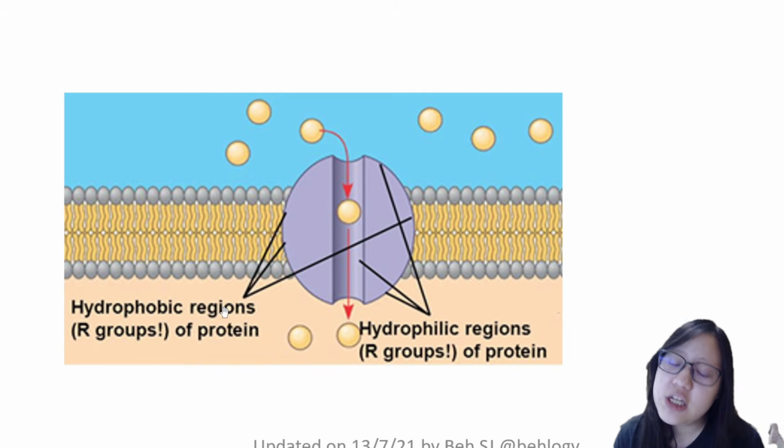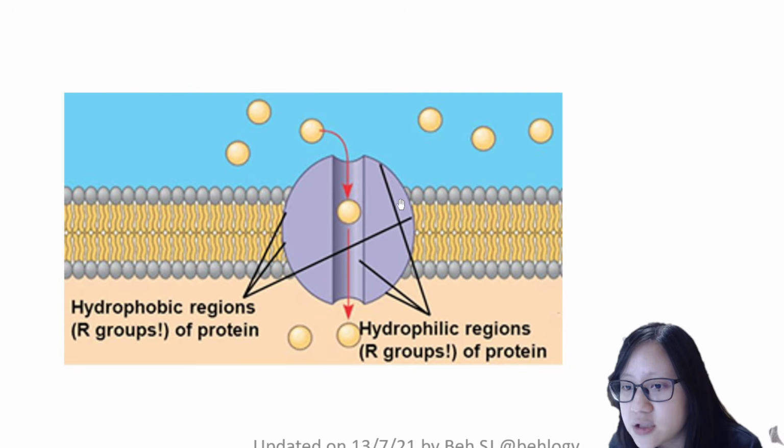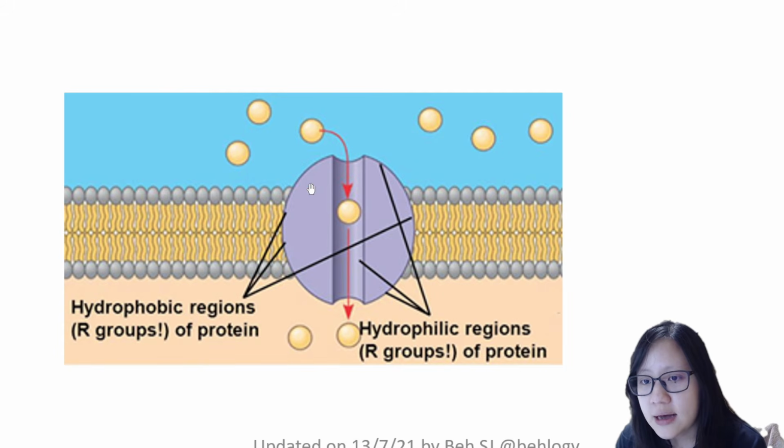Hydrophobic regions of the channel protein are near and interact with the hydrophobic tails. Hydrophilic regions of the channel protein would be the outside area and the inside area, interacting with the aqueous environment as well as the hydrophilic heads.